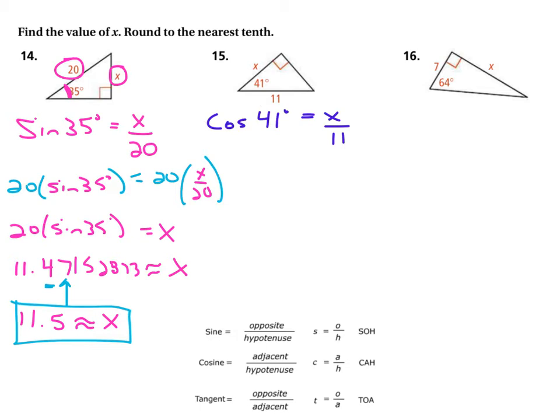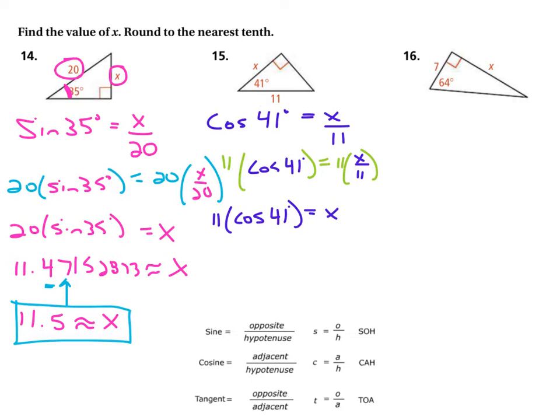So we'll say 11 parentheses cosine 41 equals 11 parentheses x over 11. And what that'll give you then is 11 times cosine 41 equals x.